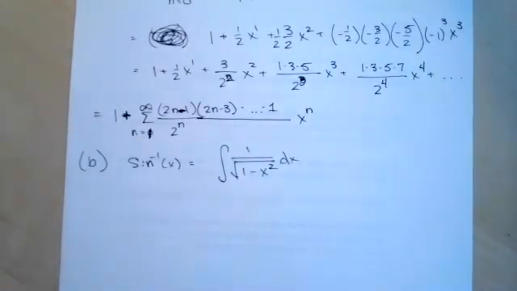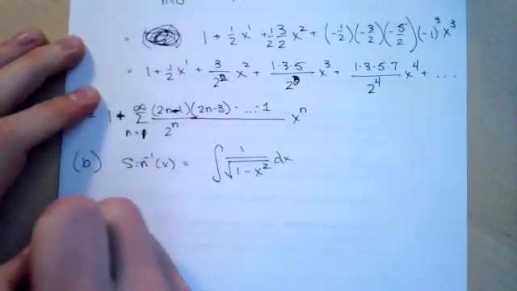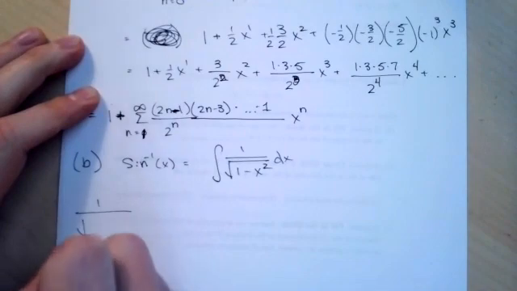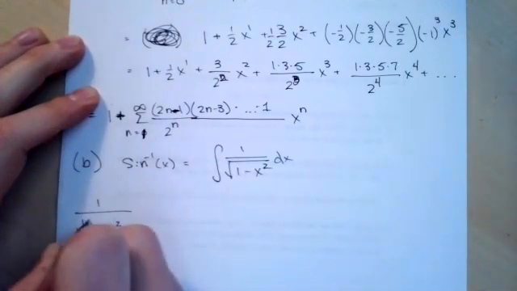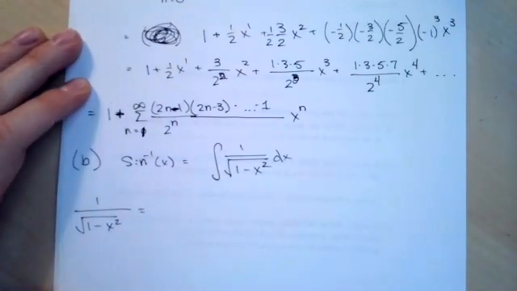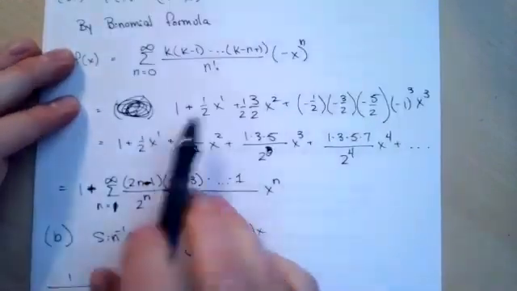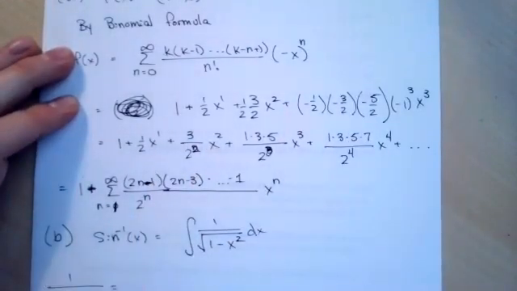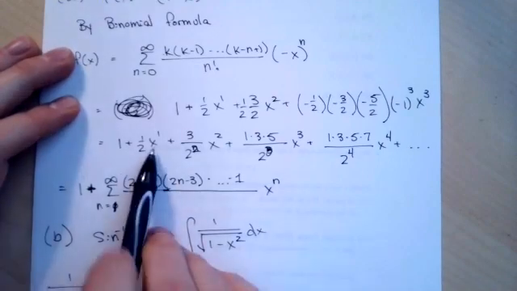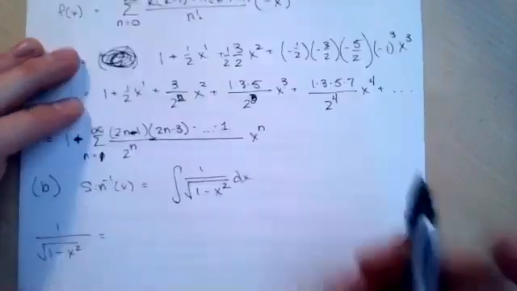And since we now have a series for 1 over square root of 1 minus x, we can come up with the series for 1 over square root of 1 minus x squared. It is going to be the series we just found, except now I'm going to stick an x squared in for all of those.